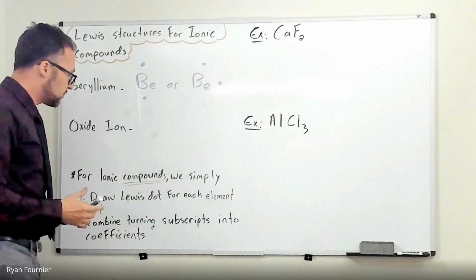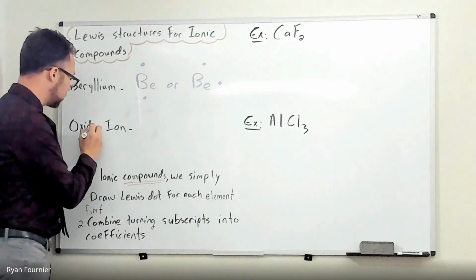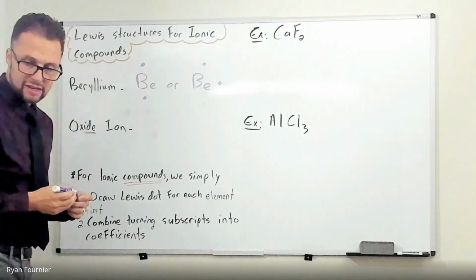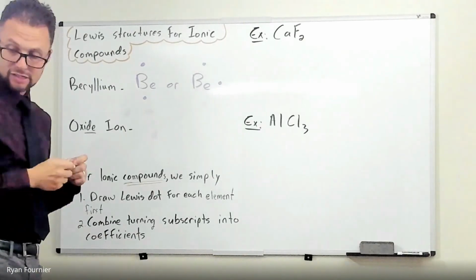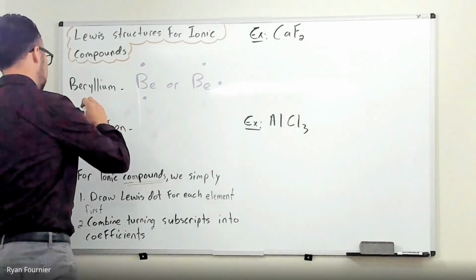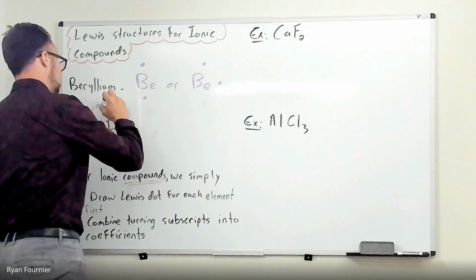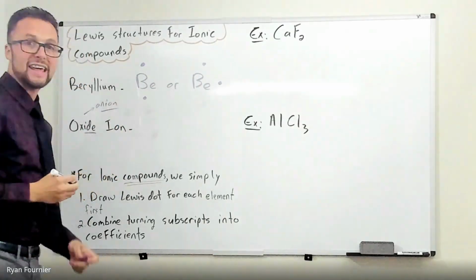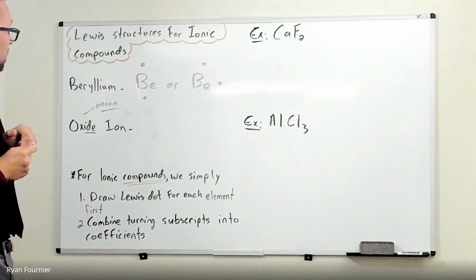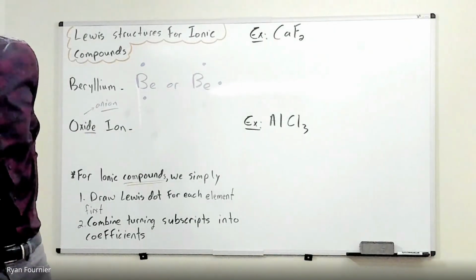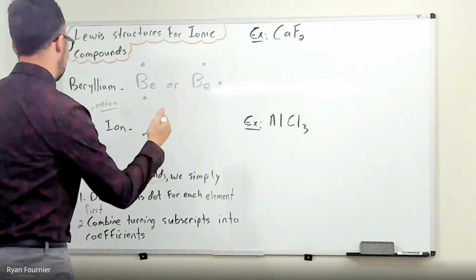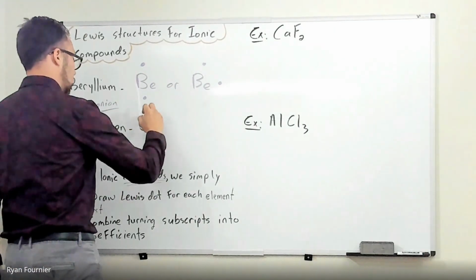Now, for the oxide ion, whenever we see the word "ide," that tells us, I should say, that it's an anion. So it's an element or an ion that has a negative charge. So if we look at our periodic table, we would see that oxygen has a charge of 2-.